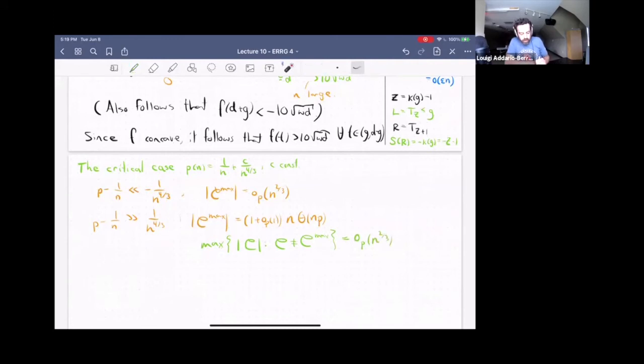So we sort of saw this in two pieces. We saw, before time G, we couldn't explore any large components because G itself wasn't large, and after time D, what was left of the graph looked subcritical enough, so it effectively looked like the subcritical case, which made all the components small. Okay, and so now we're zooming in on the only case we don't fully understand, which is when P minus 1 over n is order n to the 4/3.